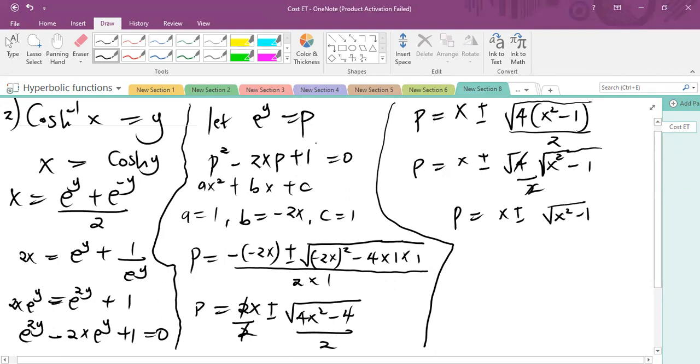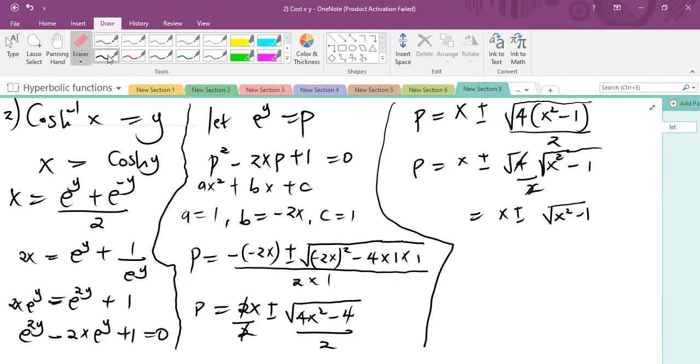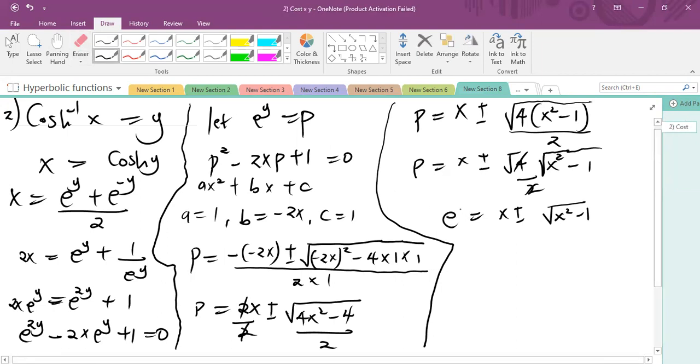But we'd let our exponential y be equal to p, so replacing back with exponential y, so we have this being equal to exponential y. We introduce logs to both sides to solve. So I have ln exponential y is equal to ln of x plus minus the square root of x squared minus 1.